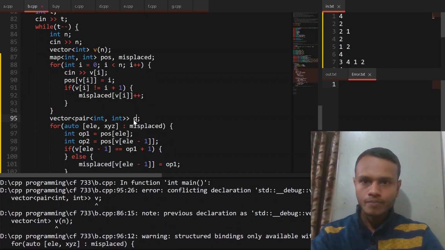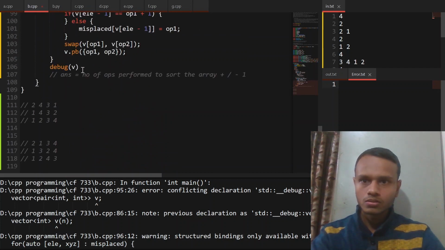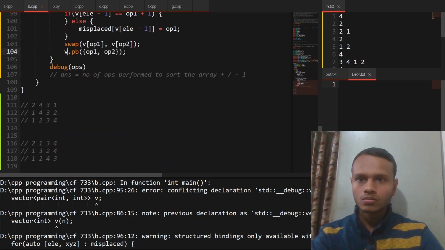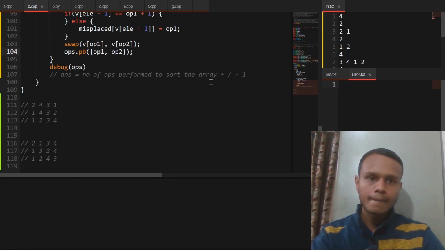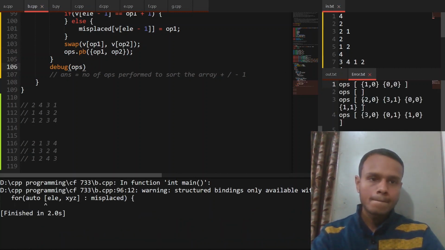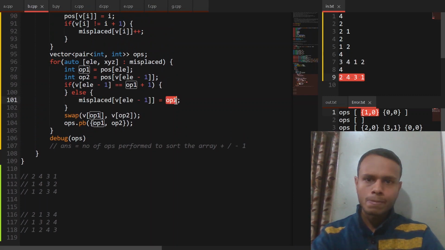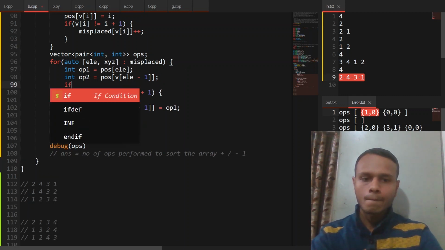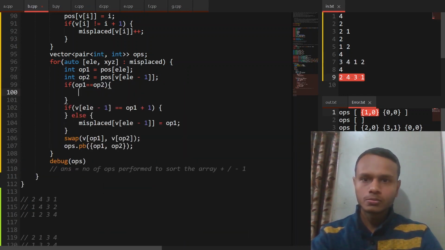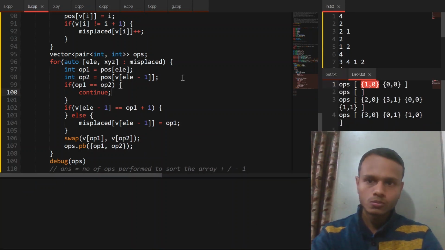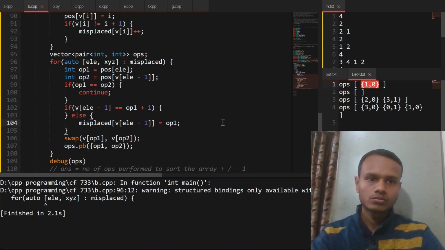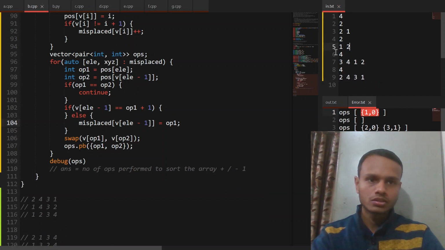Okay, let's call it ops. So if op1 is equal to op2, then just continue. Okay, yeah, this thing is sorted. This is the first operation.